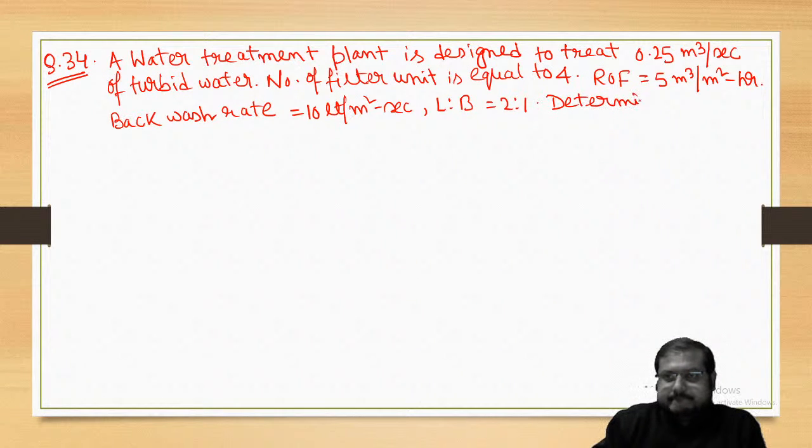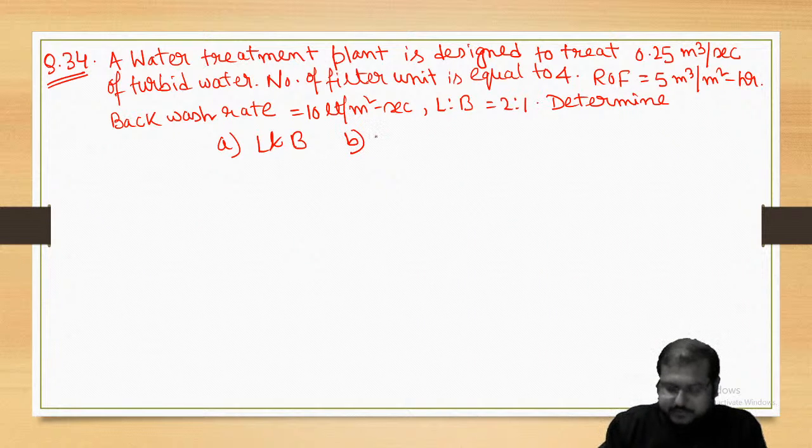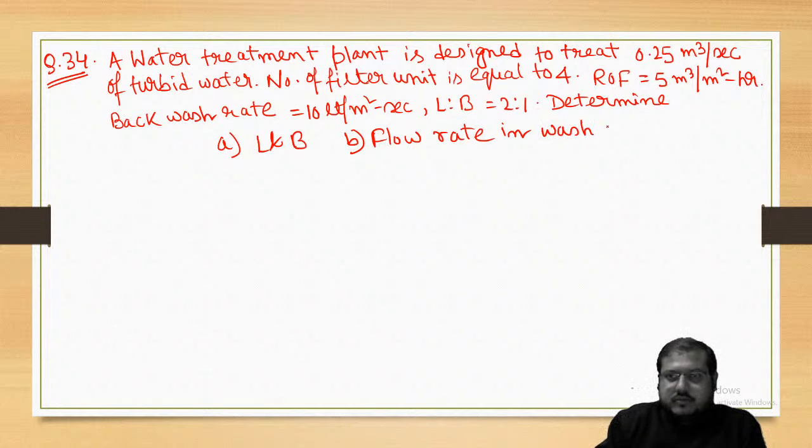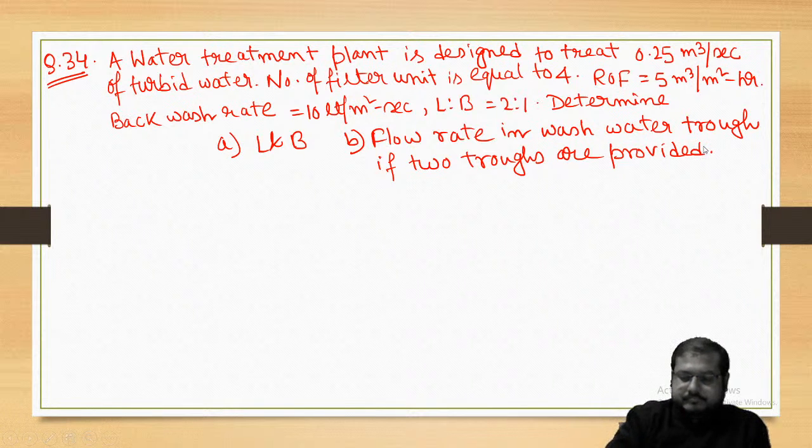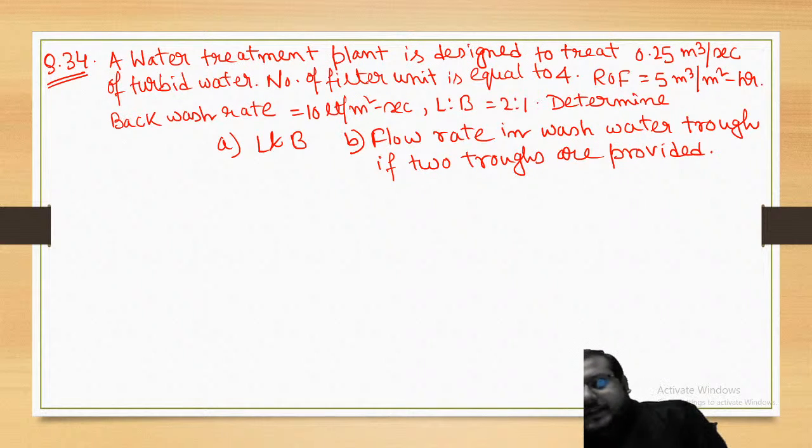Determine option A, the length and width L and B, and option B, flow rate in wash water trough if 2 troughs are provided. Solve this question.